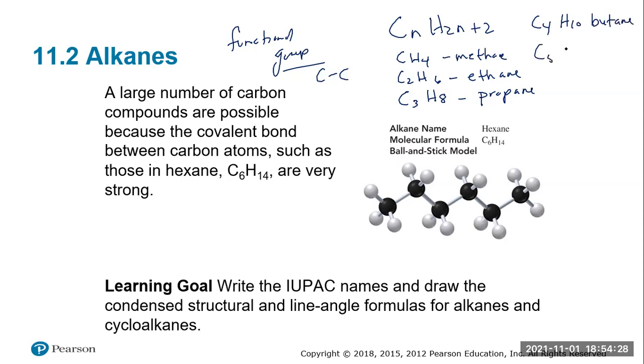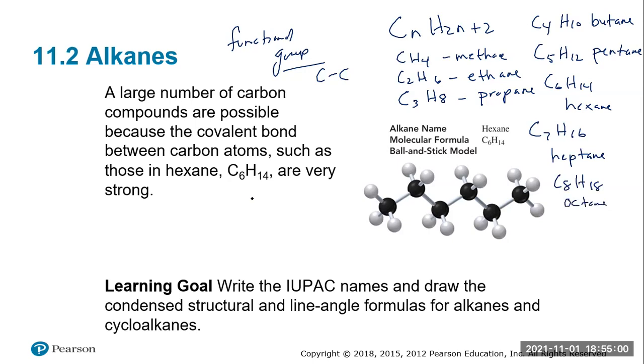5 carbons and 12 hydrogens would be pentane. 6 carbons and 14 hydrogens would be hexane. 7 carbons and 16 hydrogens would be heptane. 8 carbons and 18 hydrogens would be octane. 9 carbons and 20 hydrogens will be nonane.